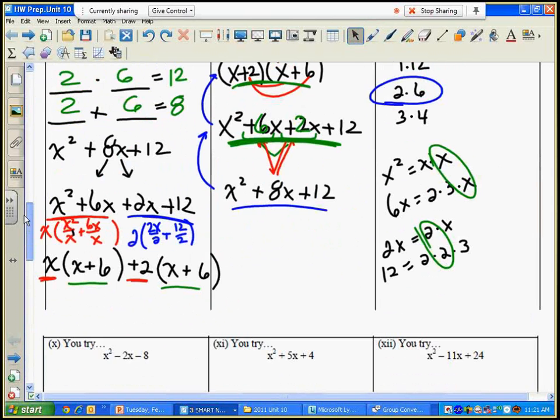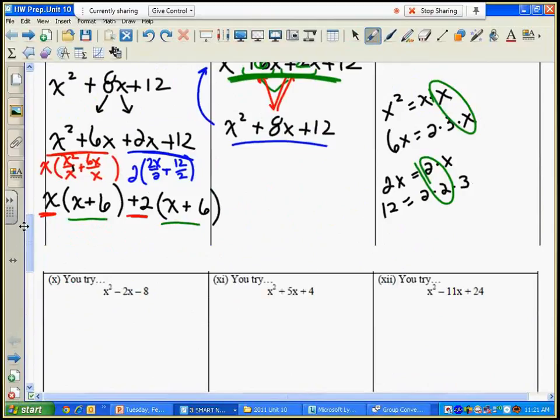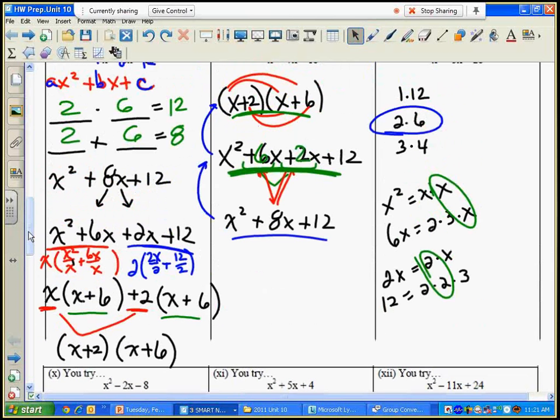If I have x of those and 2 of those, I should be able to put those two together and say that I have x plus 2 of those x plus 6s. Those are the 2 binomials that I gave you at the top up here. So that is our answer.